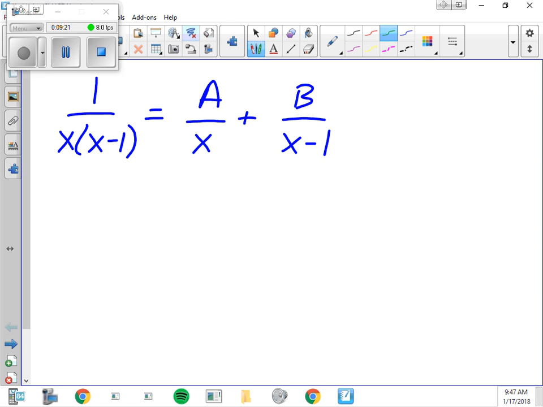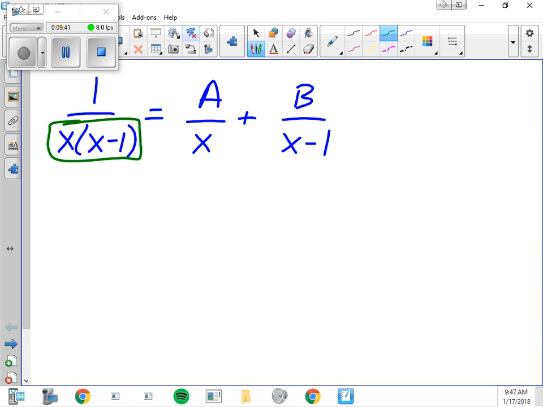So, in order to solve for a and b, I need everything to have a common denominator. What is the common denominator going to be? This. Your original denominator is always the common denominator. Okay?